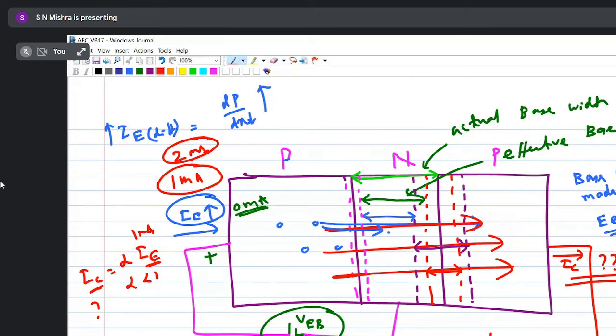Yes or no? When I am taking VCB negative, then this junction is reverse biased. P side will be connected to negative, N side is connected to positive. Now VCB forward bias means P side will be connected to positive, N side will be connected to negative.